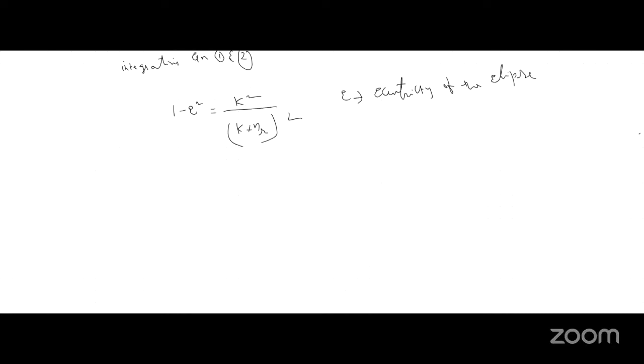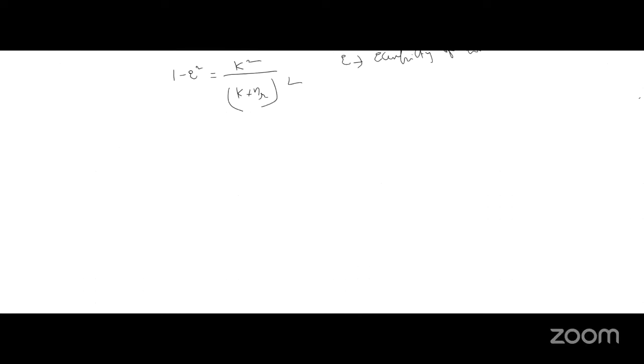From here, I am writing 1 minus epsilon square is equal to K square by N square.